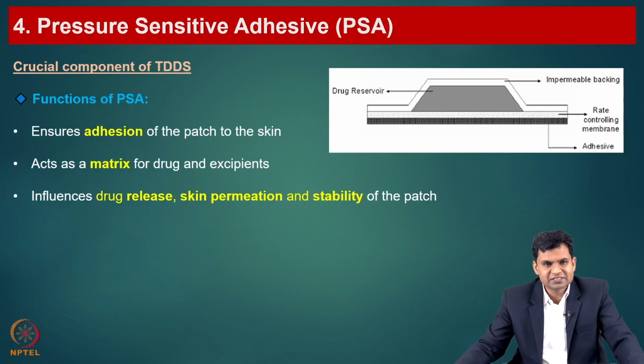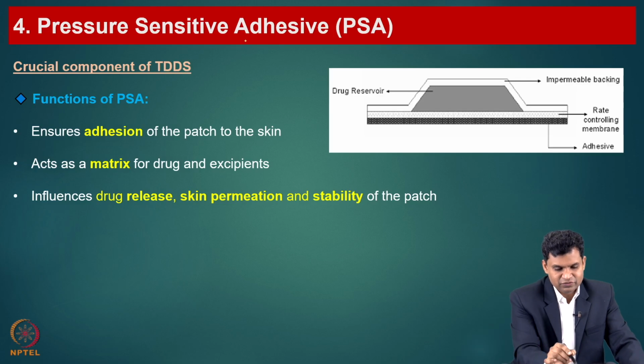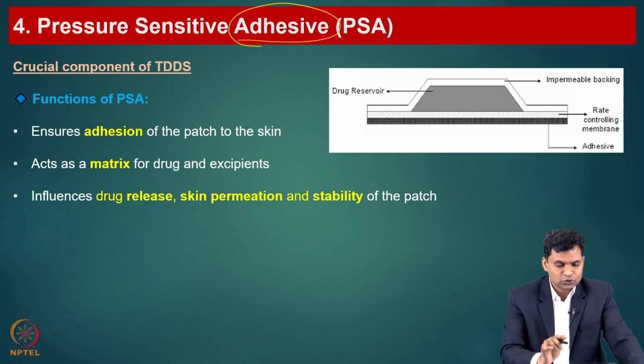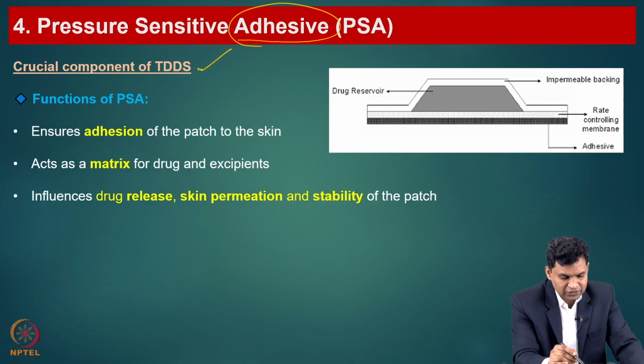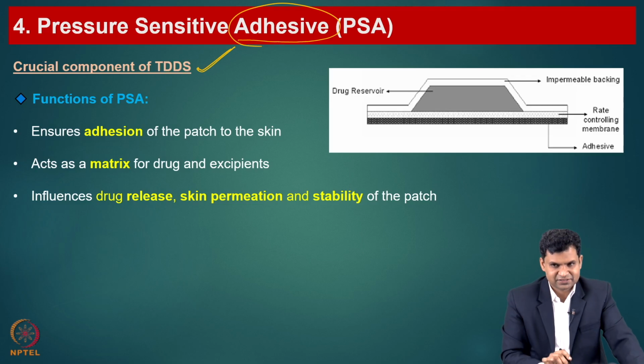The fourth one is the pressure sensitive adhesive layer. Now, you can see this material has the property of an adhesive nature. So, this will contact with the skin. This is one of the crucial or important components in transdermal patches.